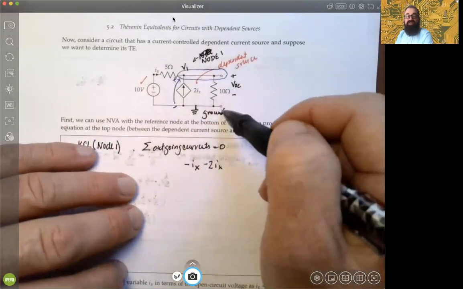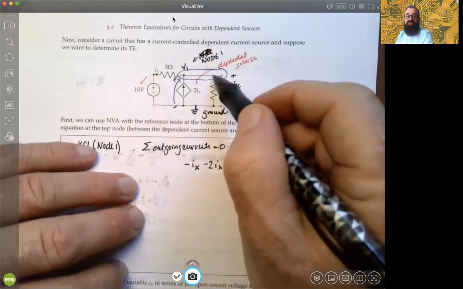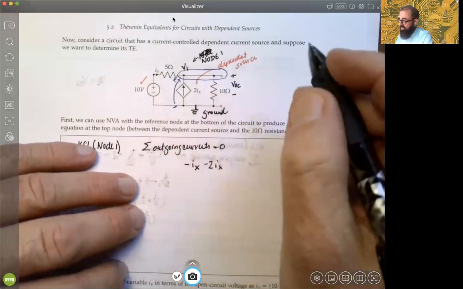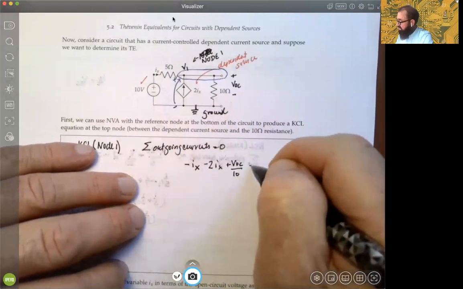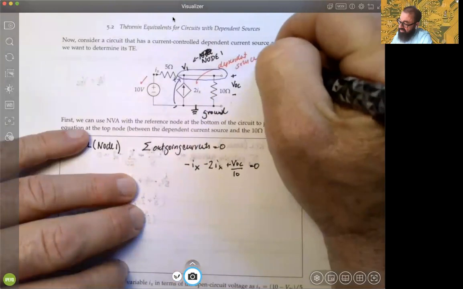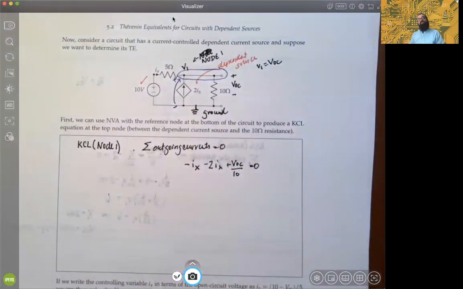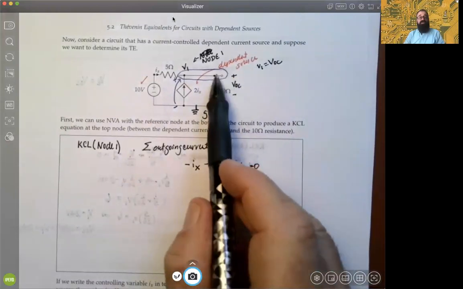And then we need to represent the current going through the 10 ohm resistance, right? The ground is voltage 0. There's VOC between the open terminals. So the voltage up here at node 1 has to be VOC, right? So this has to be plus VOC over 10, and set that equal to 0, okay? So it's implicit here that V1 has to be whatever the voltage across that open circuit is, because the voltage at the ground is 0 and there's some voltage here.